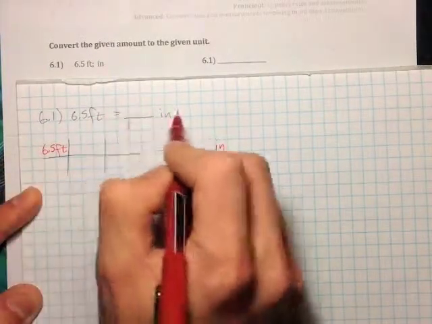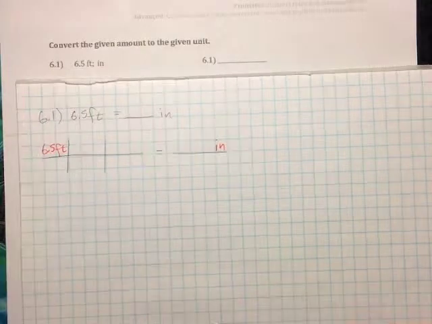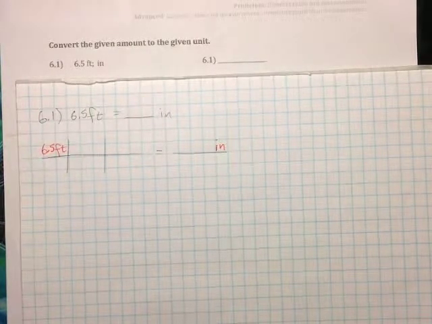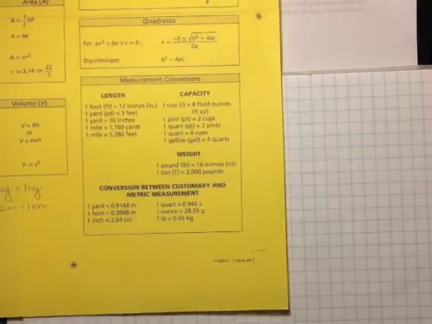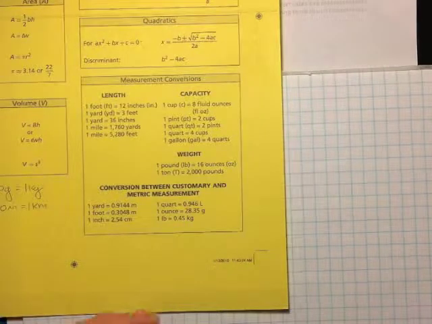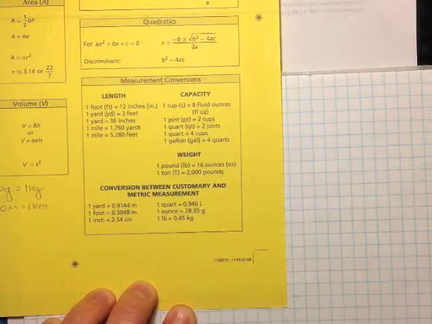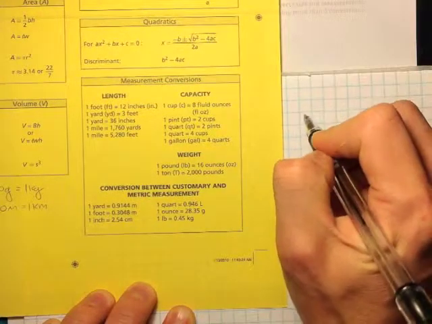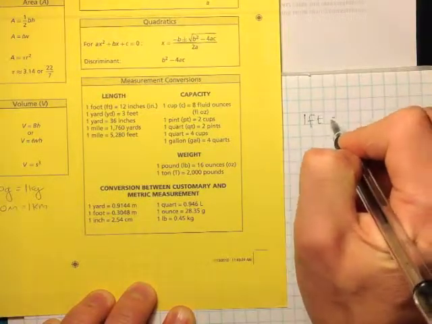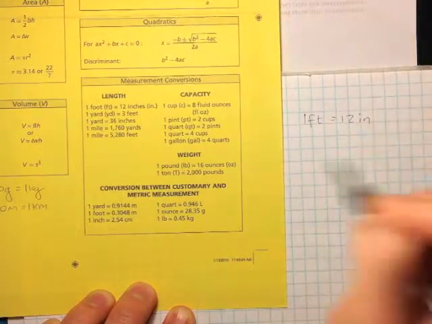I know that feet and inches are both measurements of length, so I know of any conversion factors involving length. Well, we can take a look at our best friend here, and voila, it's the first one. 1 foot is equal to 12 inches. So write that down over here. 1 foot equals 12 inches.